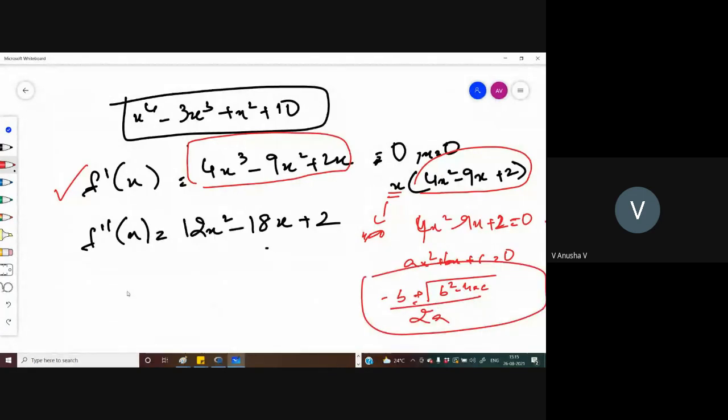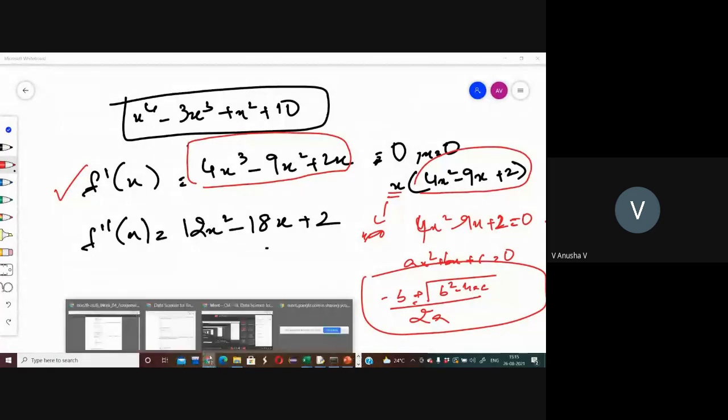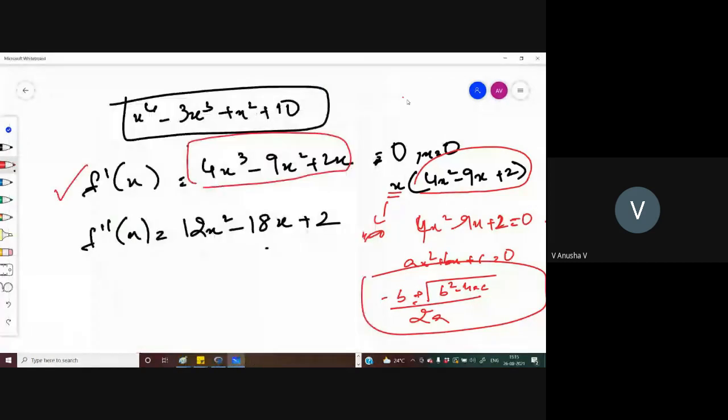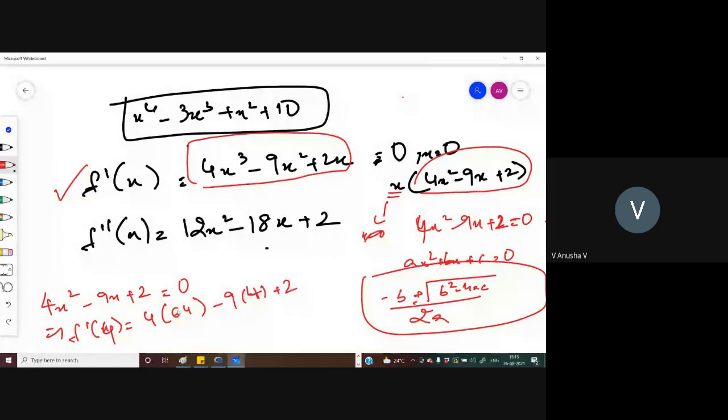So once we have done the back substitution, let's check what are the values given here. The stationary points: 0, 2, 1 by 4, right? So we have 4x^2 minus 9x plus 2 equals 0. We need to substitute with 4. If I substitute with 4, I'll be getting 4 into 16, 64, minus 9 into 4, 36, plus 2.